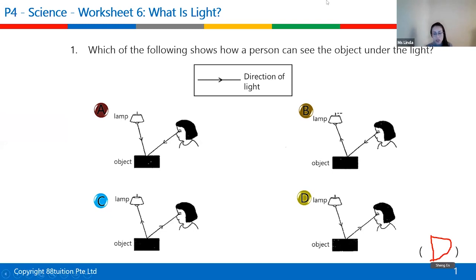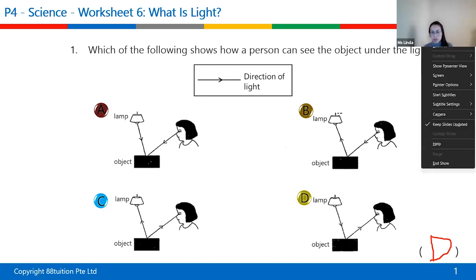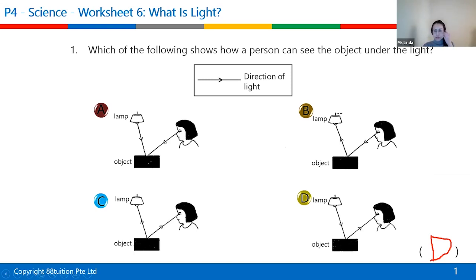Okay. So yes, now the direction of light. How does our eye see where the arrow travels to? Make sure you know. Oops, hold on, I accidentally touched something.